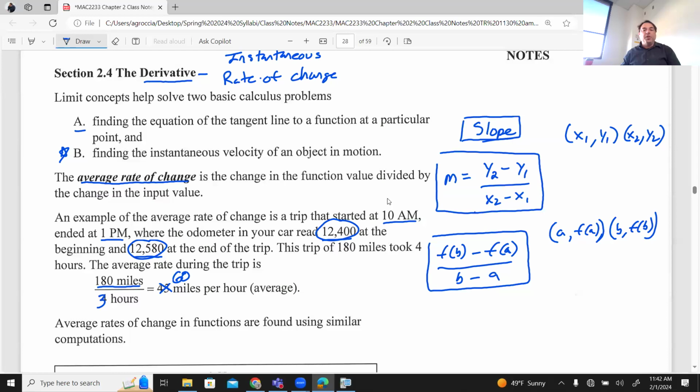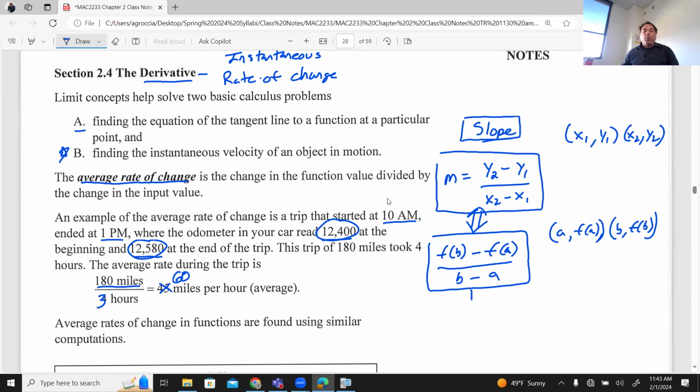So to jump from the slope formula to this other form of the slope formula, instead of x1, y1, we have a, f of a, and instead of x2, y2, b, f of b. You can kind of see that they're the same. So hopefully going from that one to that one is not too bad.